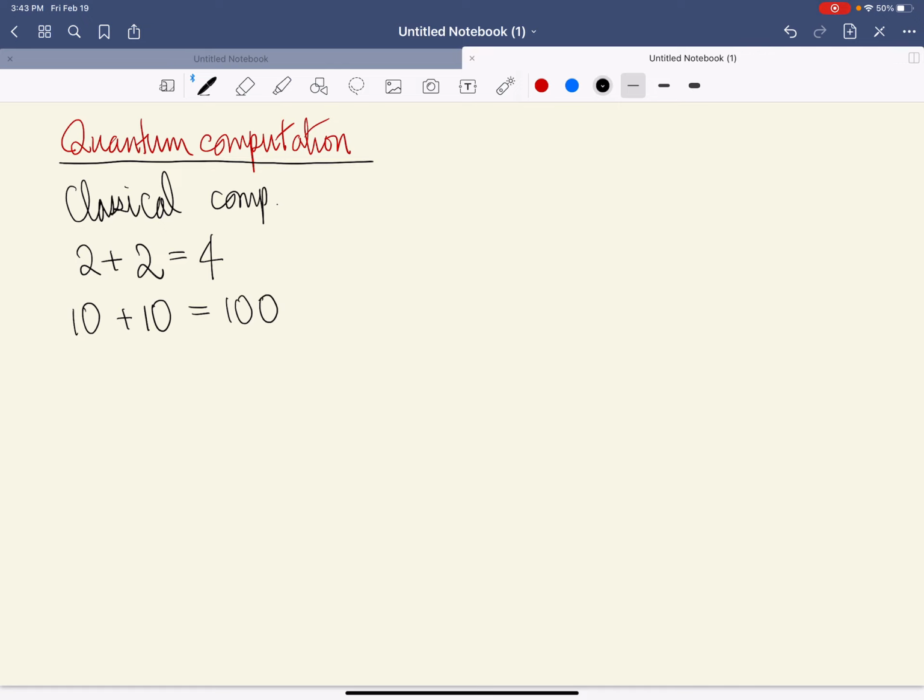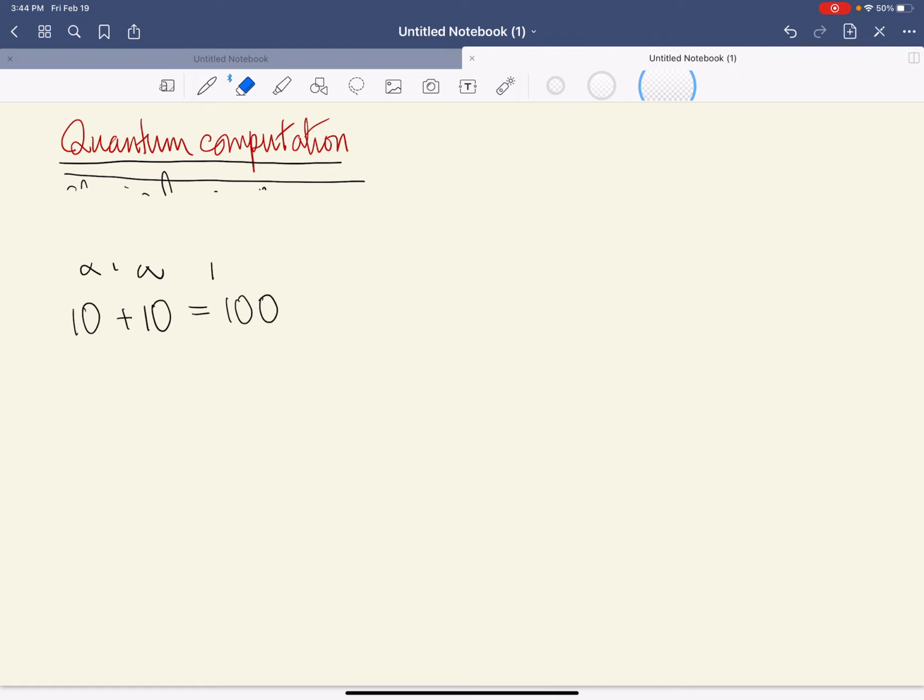Something of this sort is what comes to our mind when we talk about classical computation. But then the phrase quantum computation does not really bring anything to our minds because we have not really seen anything like this before.